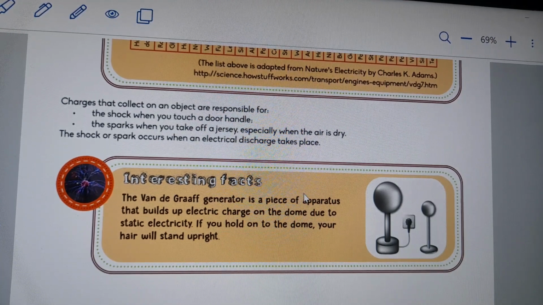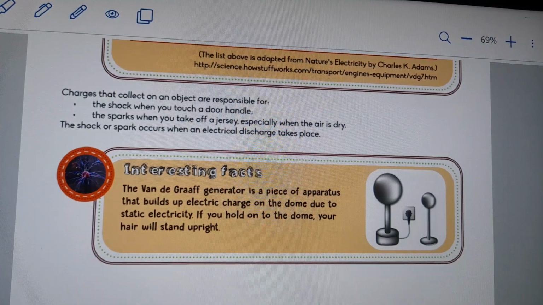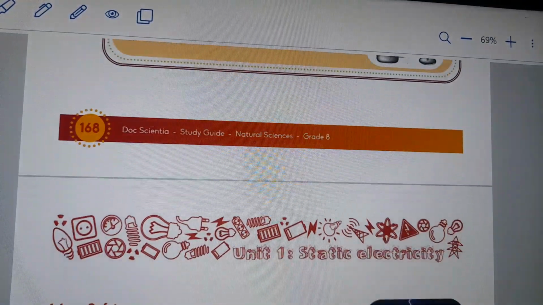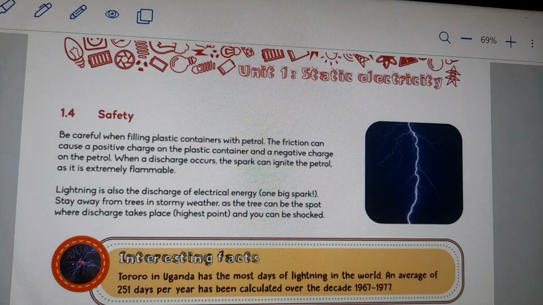And in the interesting facts, the Van de Graaff generator is a piece of apparatus that builds up and operates an electric charge on the dome due to static electricity. And if you hold on to the dome, your hair will stand upright. So go and Google the Van de Graaff generator and see how it works, just to learn about those interesting facts.